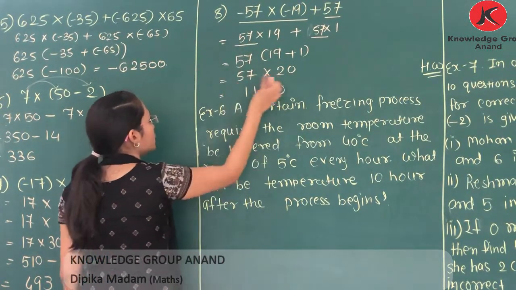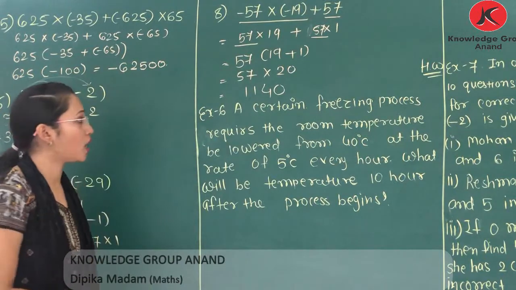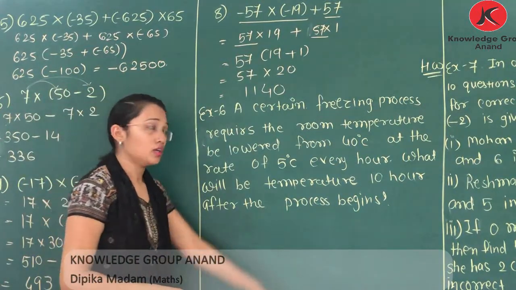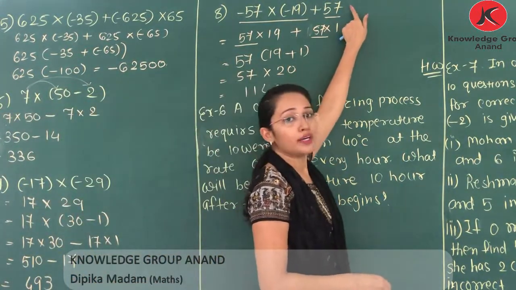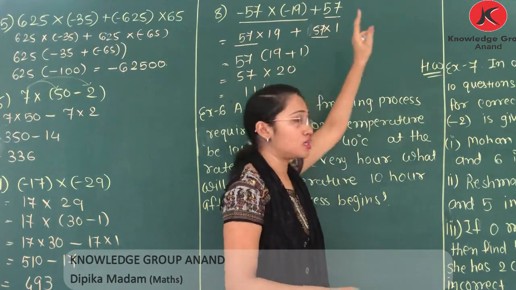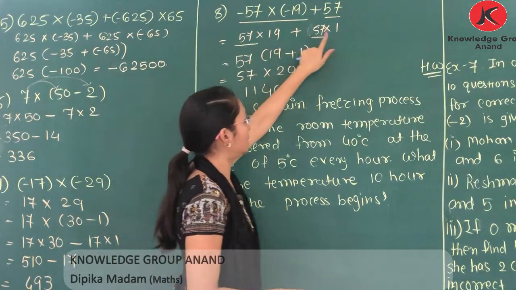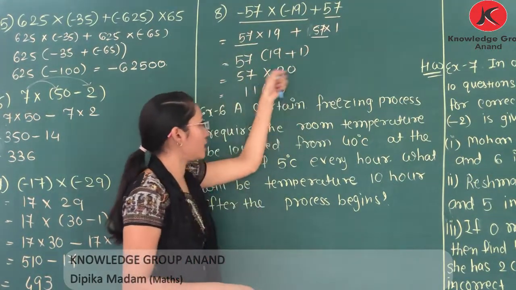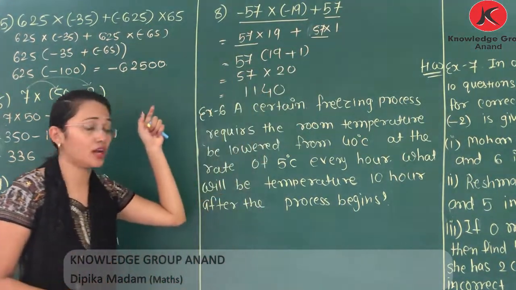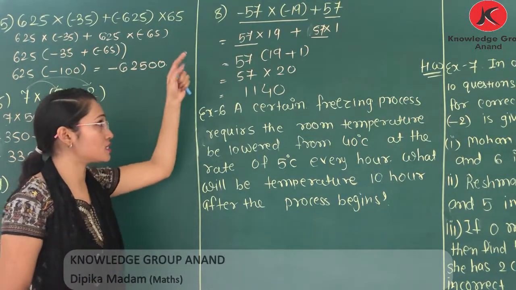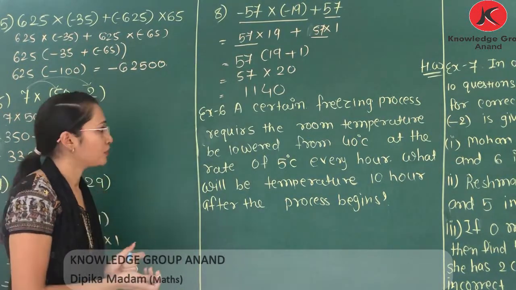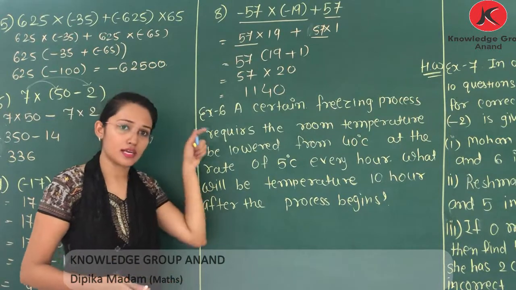So multiplication of 57 with 20 is 1140. Here, where nothing was written in the multiplication, we write multiply 1. So that's why 57, 57, take out common into bracket 19 plus 1, that is 20. 57 multiply 20 is 1140. This is distributive property.